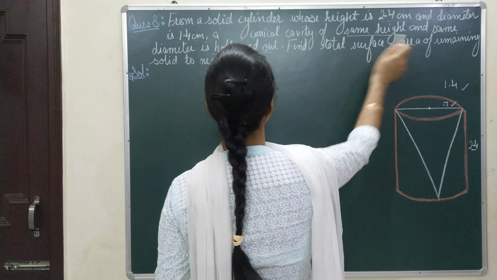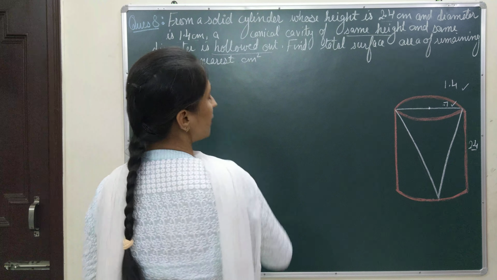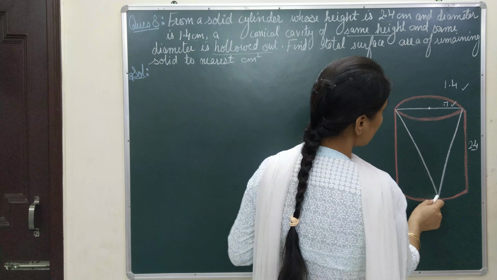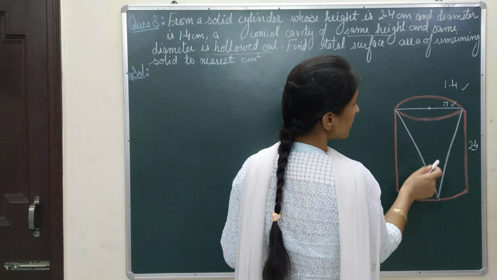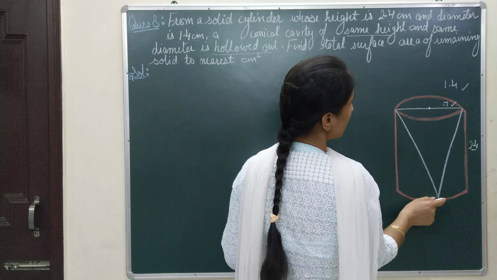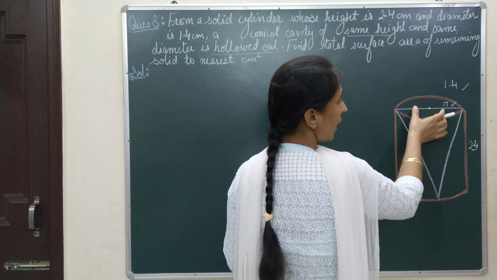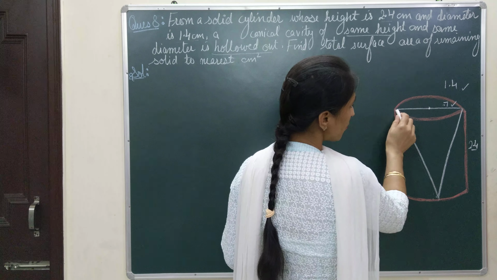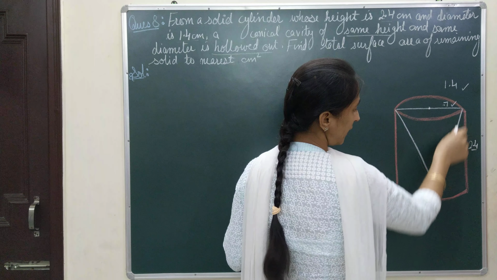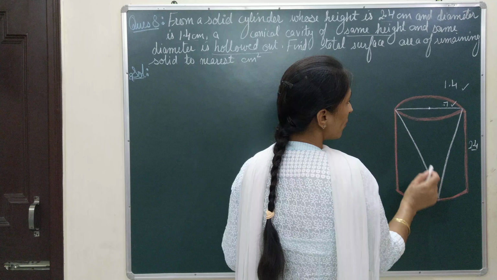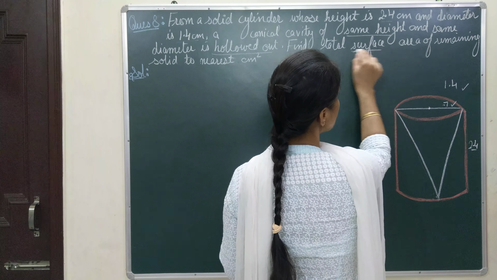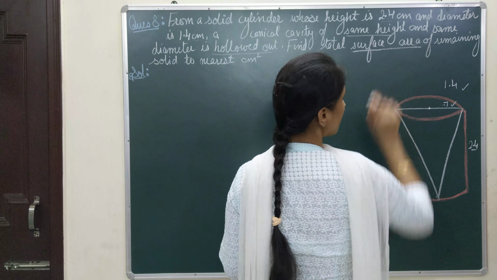Find the total surface area of the remaining solid to the nearest centimeter square. Now you have to find how much its surface area is. What is the total surface area of this solid? When you have taken something out in the shape of a cone, you can see a cone formed inside. When you are talking about surface area, what things are you taking here?